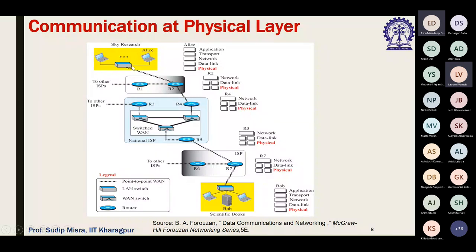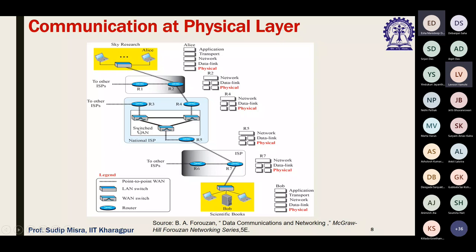So this is the path that will be taken by the messages sent from Alice to Bob. But how? Let us say Alice has a local area network like this, which has a switch. Then the data goes beyond the organization to a wide area network belonging to some ISP.